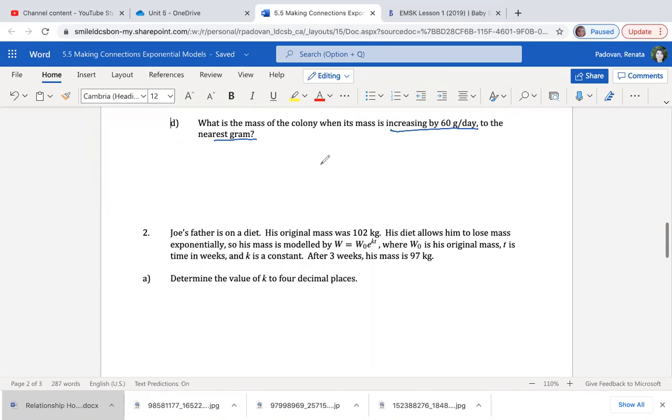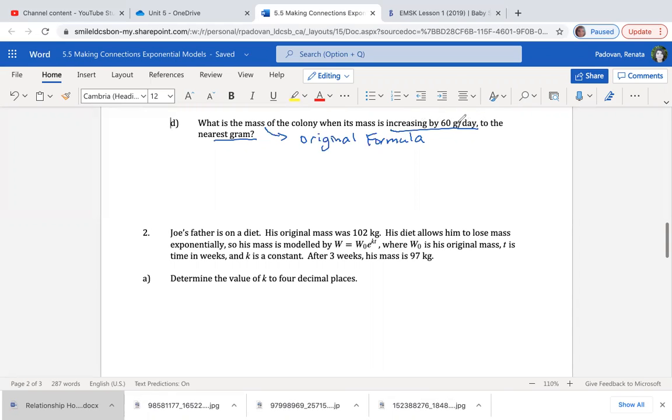It's asking for the mass, so I'm using my original formula. It's saying when the mass is increasing by 60 grams a day.